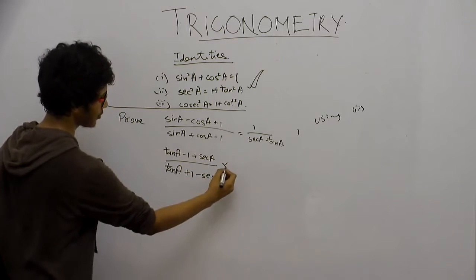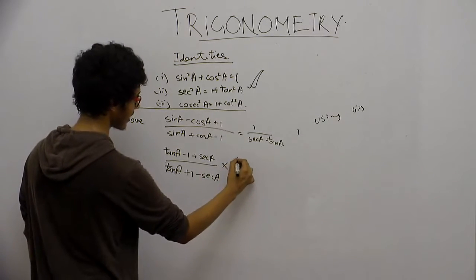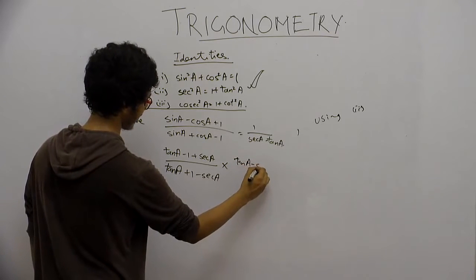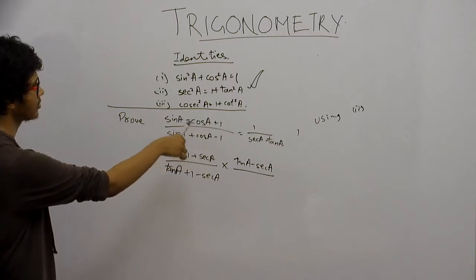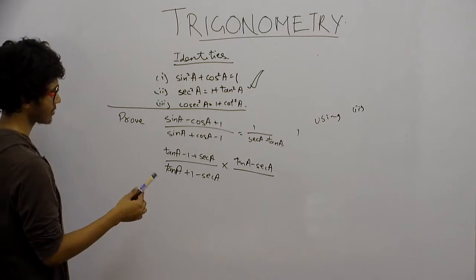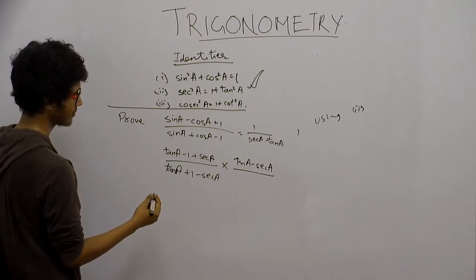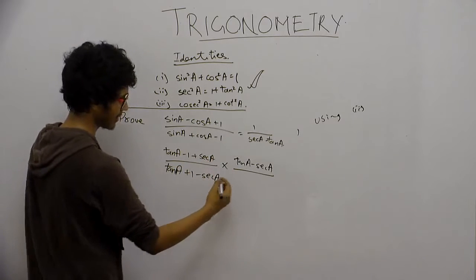We multiply both numerator and denominator by tan A minus sec A. We are doing this because we have to use the identity, and to use the identity we have to get square terms. The best way to get square terms is to find out something that will act as a square minus b square and multiply accordingly.